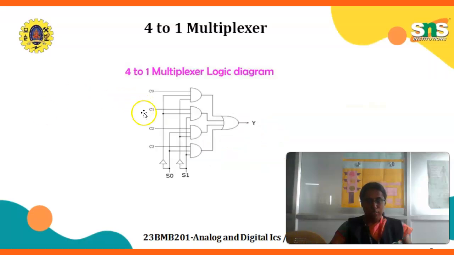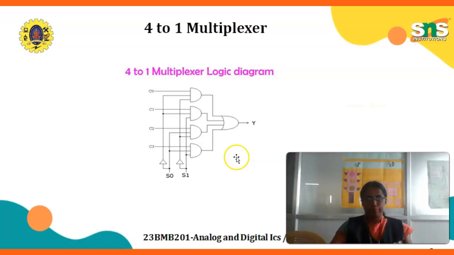Here the symbol 0, 0 is S0 equals 0 and S1 equals 0, and this input is D0, given as the output Y. In the first case, D0 is selected.